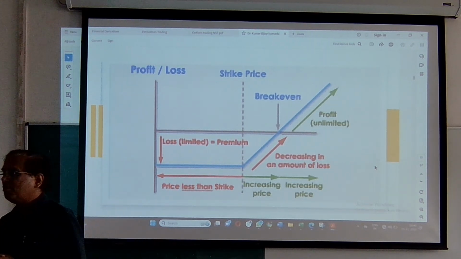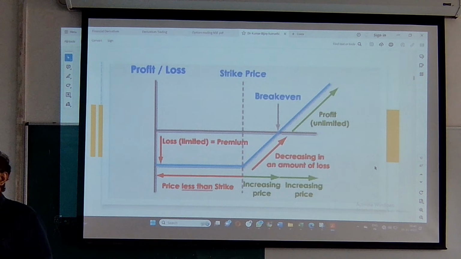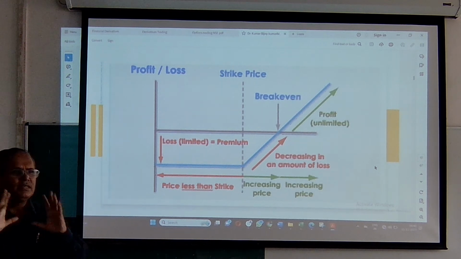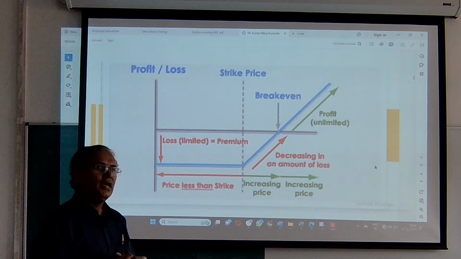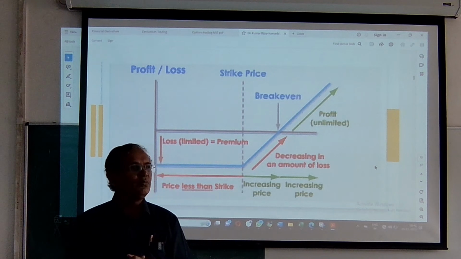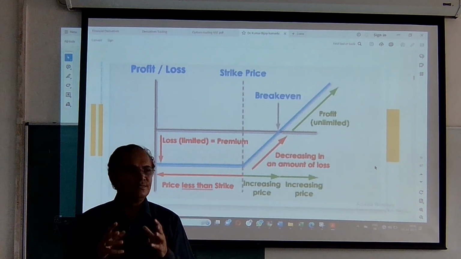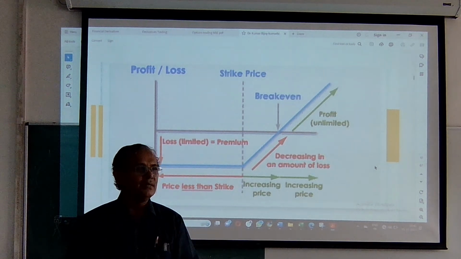So 83.76 could be the upper limit. For whatever reason price will not move up, and if price will not move up, then I will not be in a loss. See, what is the entire game plan?